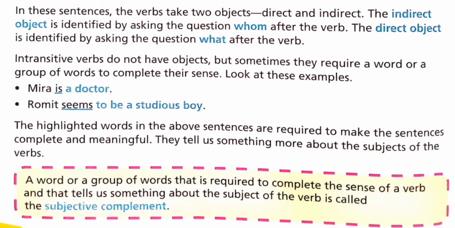They tell us something more about the subject of the verbs. A word or a group of words that is required to complete the sense of a verb and that tells us something about the subject of the verb is called the subjective complement.